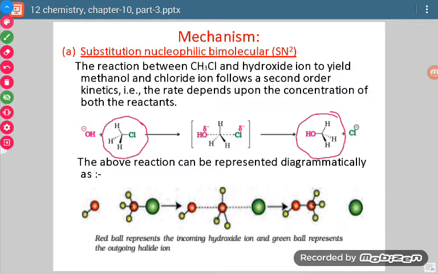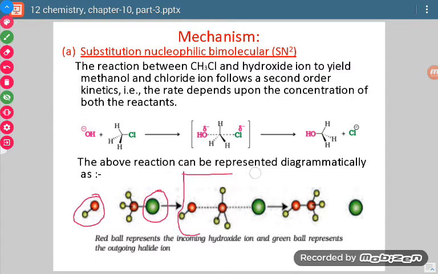So this can be shown like this also. This is our nucleophile, and this part of the alkyl halide is the leaving group. In the transition state, all the groups are attached with the central atom, the leaving group is also attached, and the group which is to be attached is also attached.